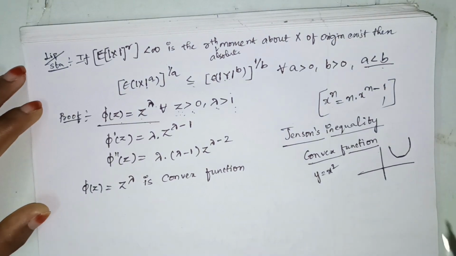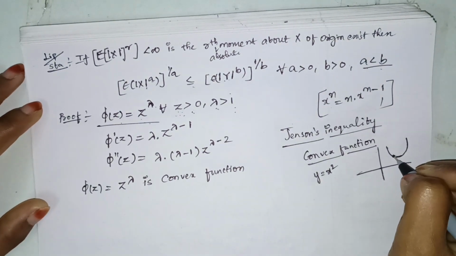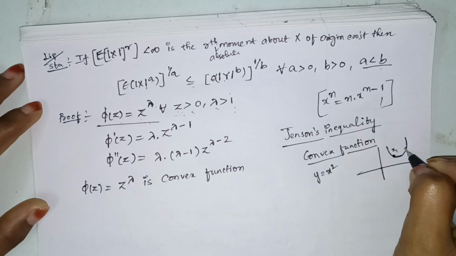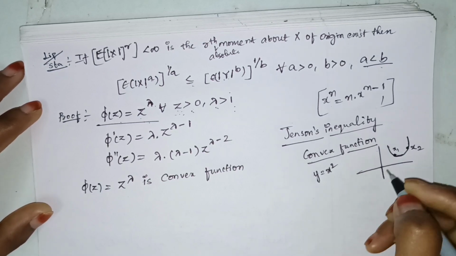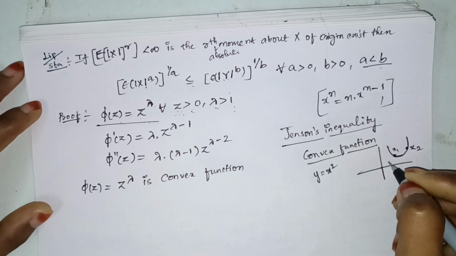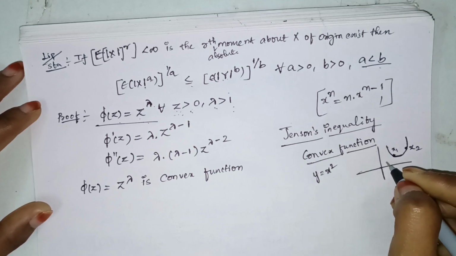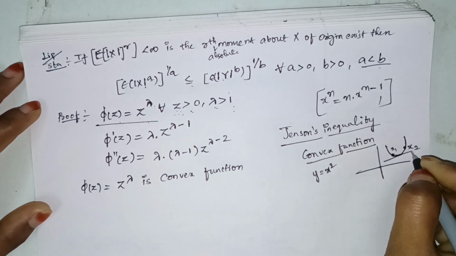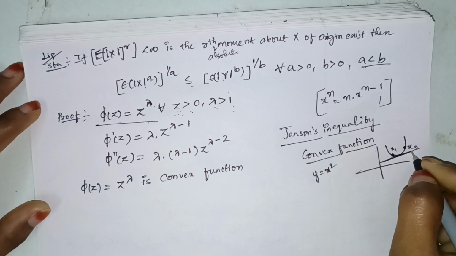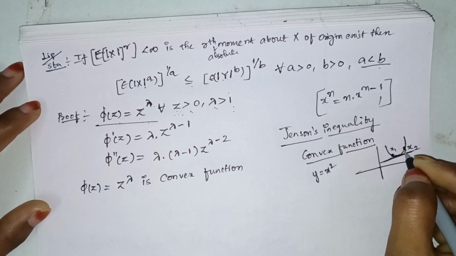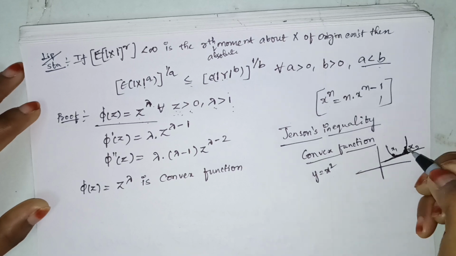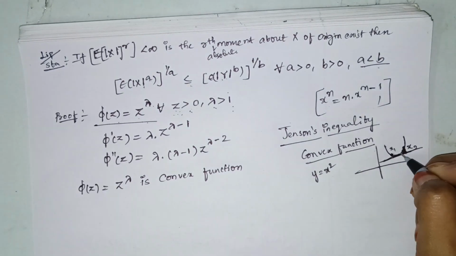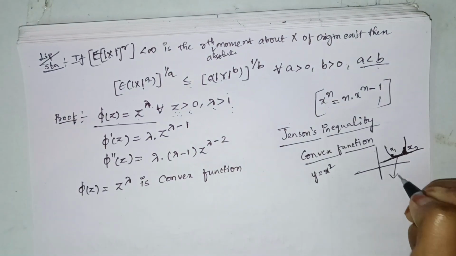And if you join any 2 points in it, let us consider x1 here and x2 here, and draw a line connecting these 2 points, then that line will be lying below the curve. This is the line lying below the curve.